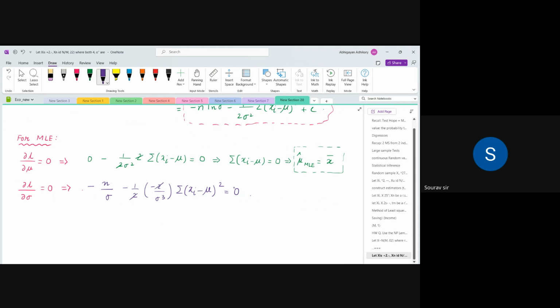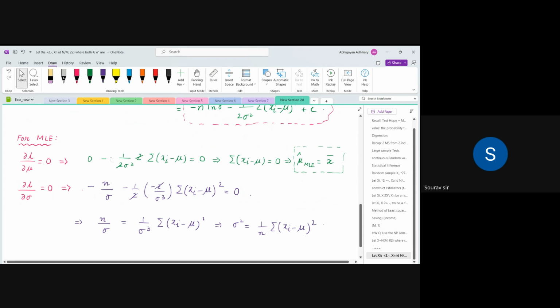So 2 and 2 will get cancelled, and you're eventually left with, if you push that to the right side, sigma square is nothing but 1 by n summation xi minus mu whole square. Or in other words, this is the sigma hat MLE.